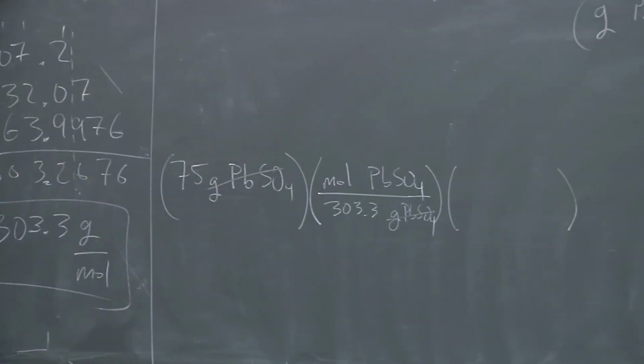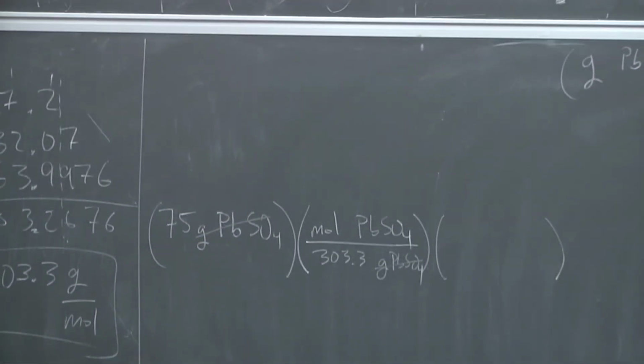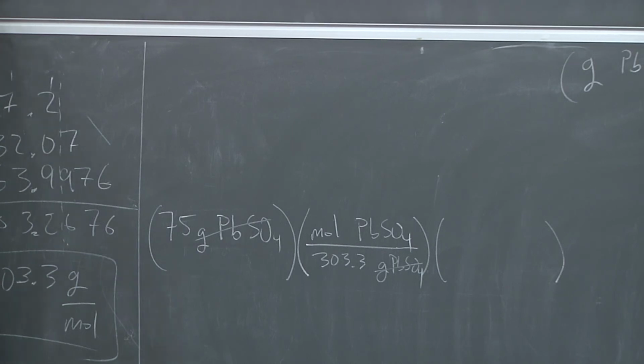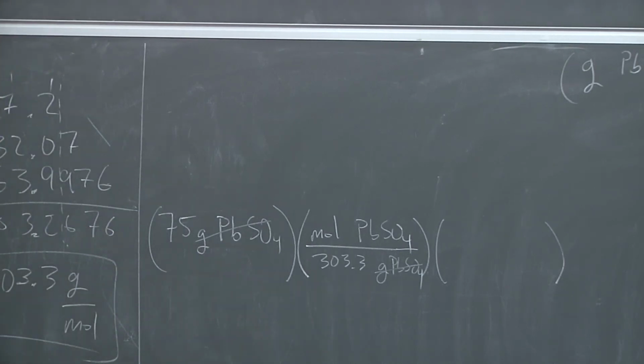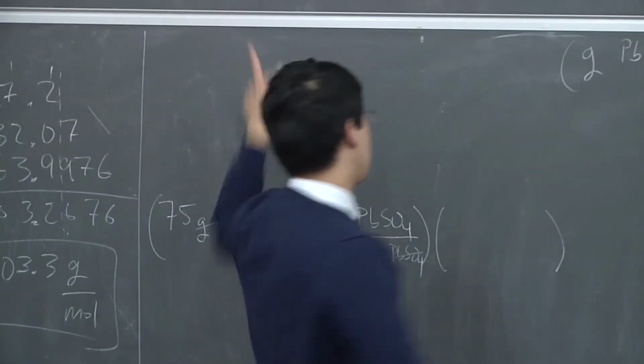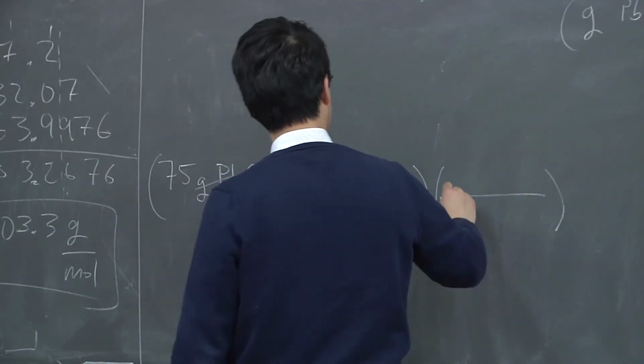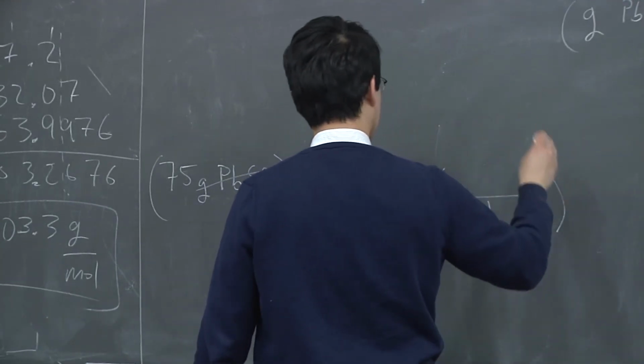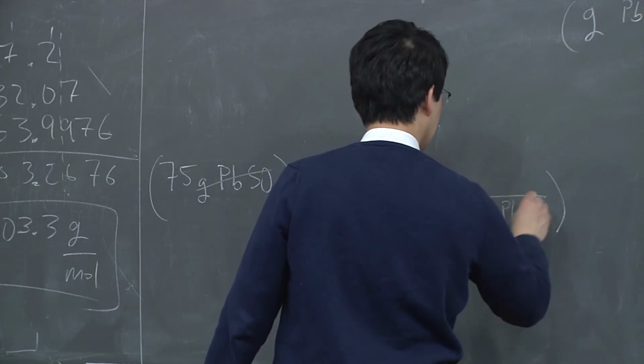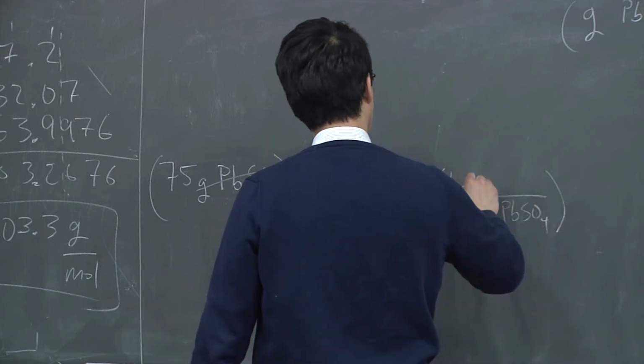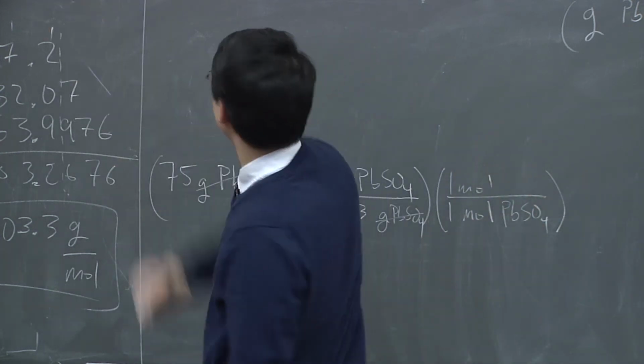What's next is the coefficients. In this case, it's just 1 and 1. I'm still going to write it out because my professor told me to. So 1 mole of PbSO4 gives me 1 mole of PbNO3.